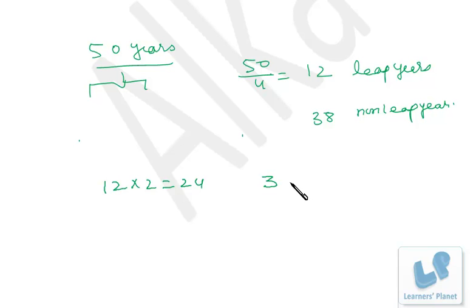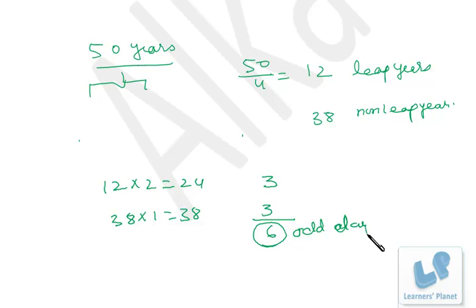So finally 3 odd days are there in 12 leap years. Getting my point? 38, every non-leap year has just one odd day. So 38 into 1, that's 38. Divide by 7, 35, 3 will be the remainder. So it's 3 odd days, right? So in 50 years, 3 odd days are coming from 12 leap years and 3 odd days are coming from 38 non-leap years. So 3 and 3, 6 odd days will be there.